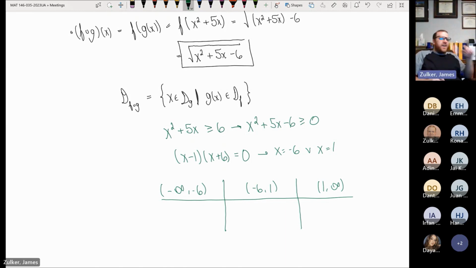We need to test the signs. If we take any value from minus infinity to minus 6, plug it back in, this will be plus. That one will give you a negative. That one will give you a plus.